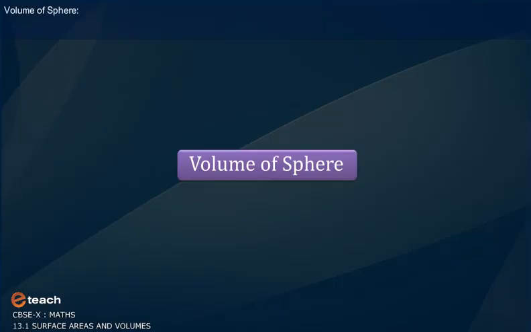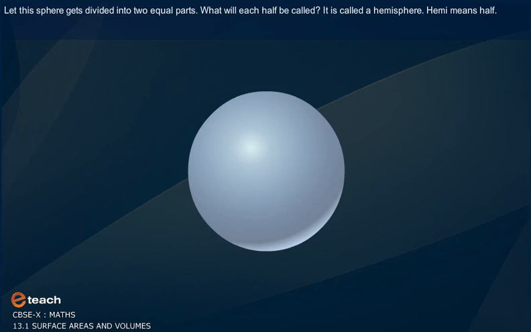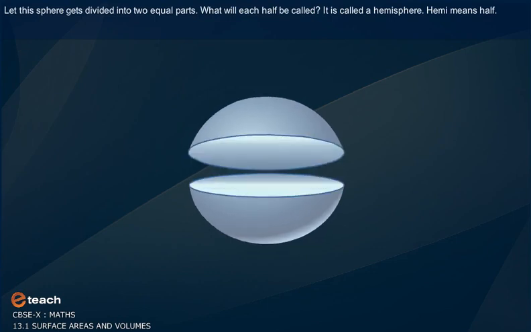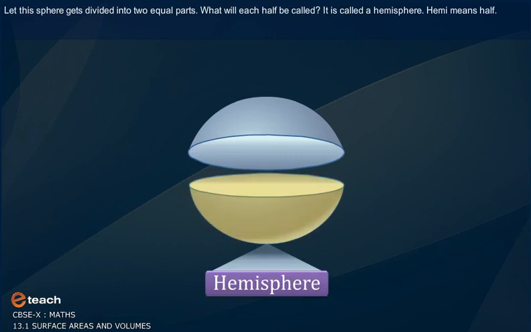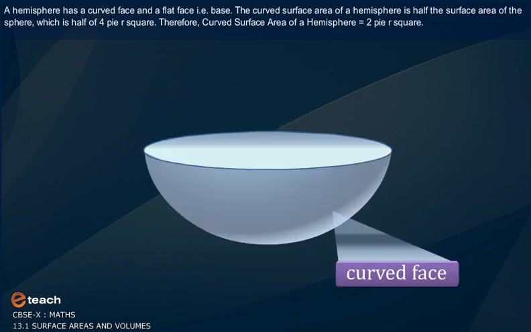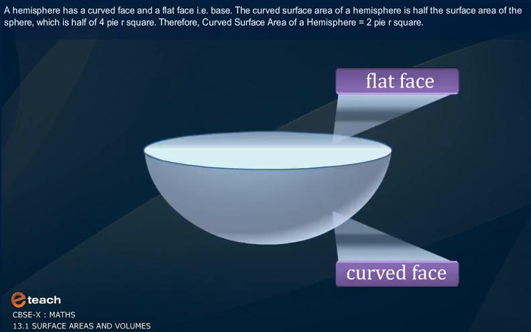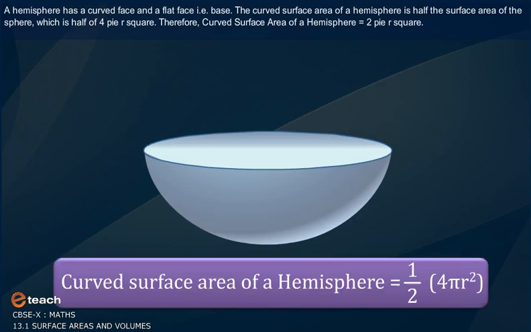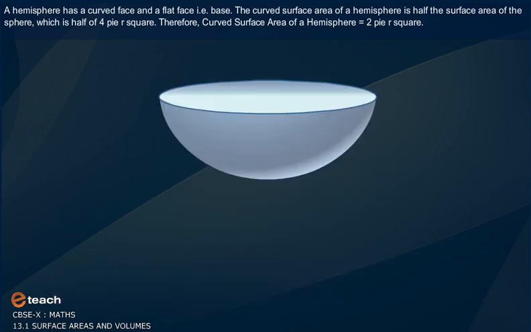Volume of sphere. Let this sphere get divided into two equal parts. What will each half be called? It is called a hemisphere. Hemi means half. A hemisphere has a curved face and a flat face, that is the base. The curved surface area of a hemisphere is half the surface area of the sphere, which is half of 4 pi r square.